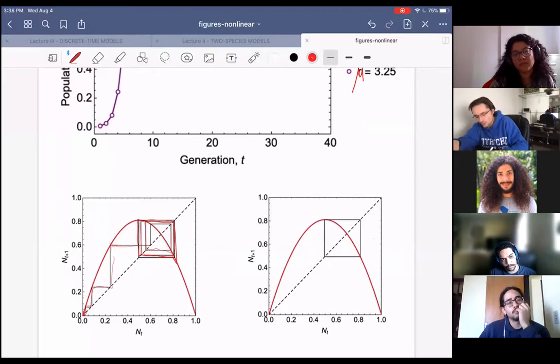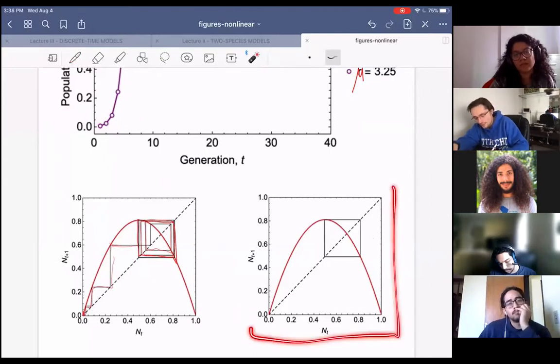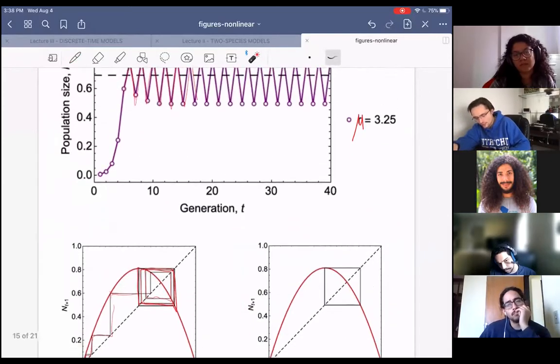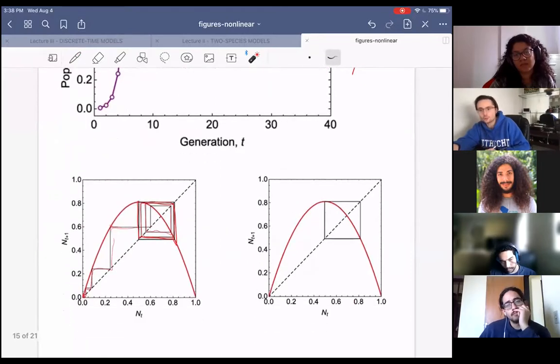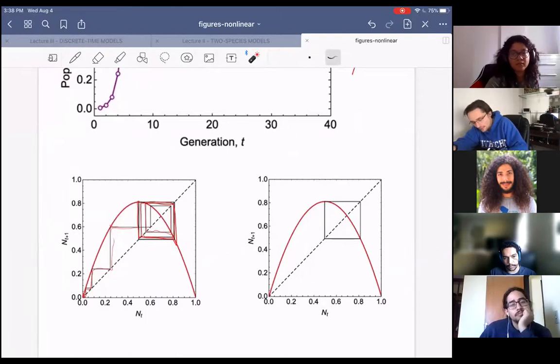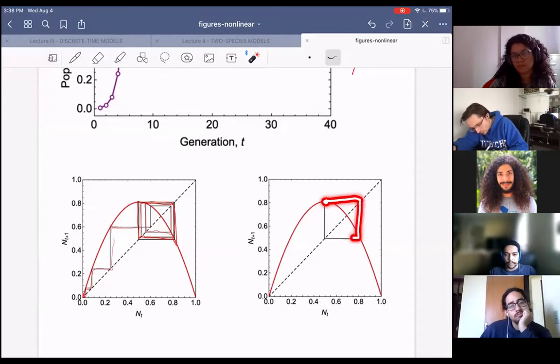So what I am showing you here in the right panel is a representation of the iteration from 100 to 200. And you see that I cannot distinguish them, my system will go from here to the one-to-one line, from here to the growth, one-to-one growth, one-to-one growth, one-to-one.